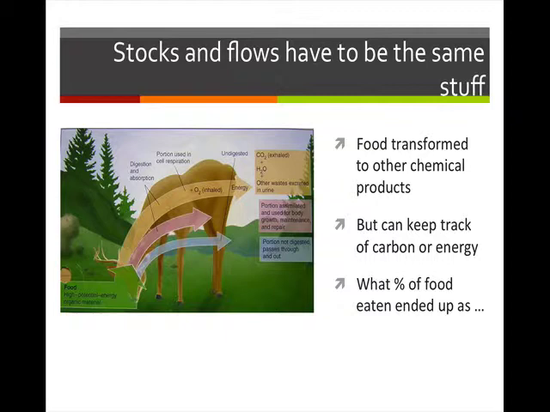So, 70% might have been in cellular respiration, 20% might have been as excretion and undigested material, and 5% might have been as new deer biomass. And you try to come up with, make your mass balance that way.